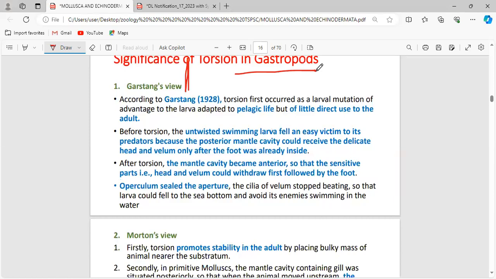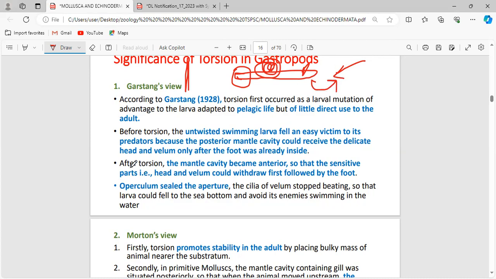See, consider this as the snail. If the mantle cavity is here, and anything comes in front of the animal, the organism cannot sense it as a danger.